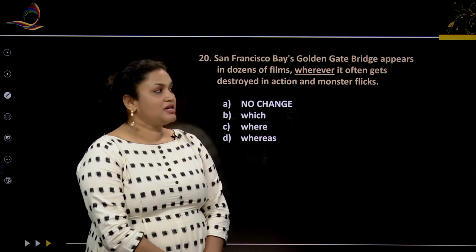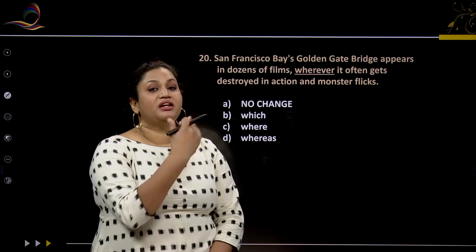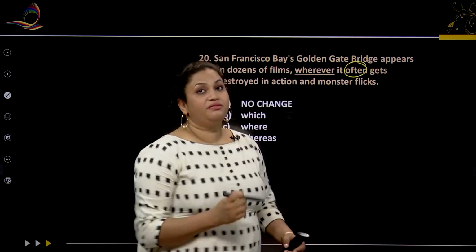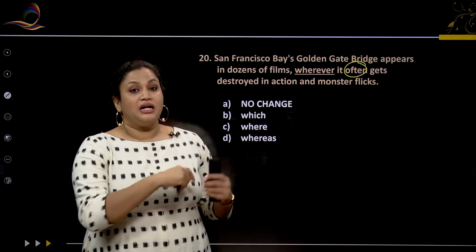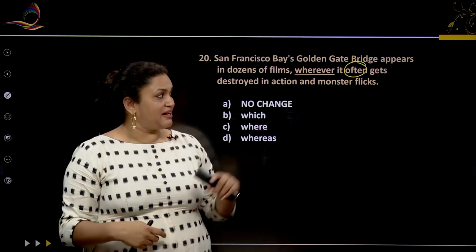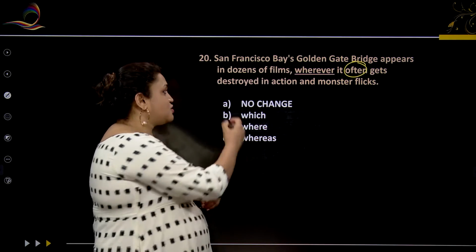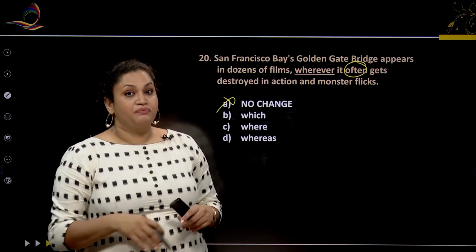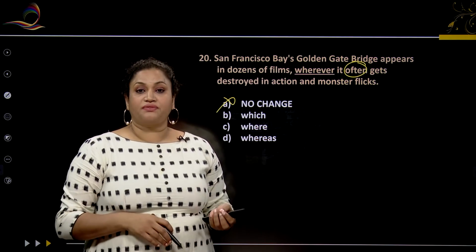Now here in this option, wherever does not make sense, because we already have this word often, whenever often is there we cannot use. Wherever it is shown, it is destroyed, that makes sense, but otherwise in here wherever does not make sense, so therefore A is not the right option. The second one is which gets destroyed in action and monster flicks.